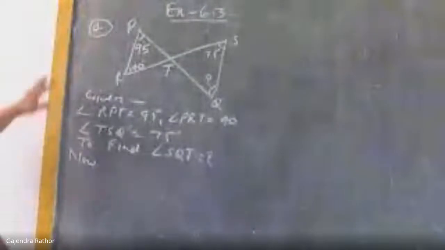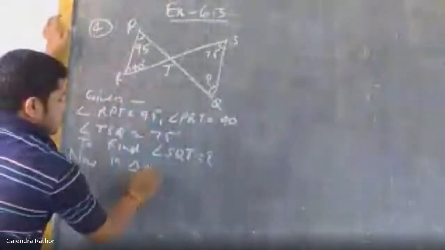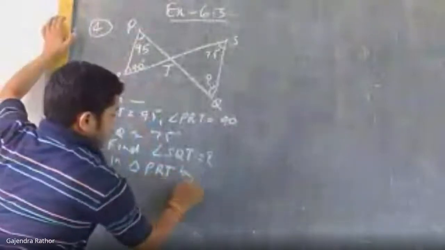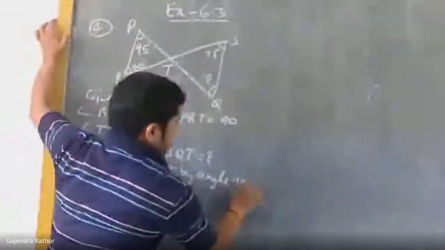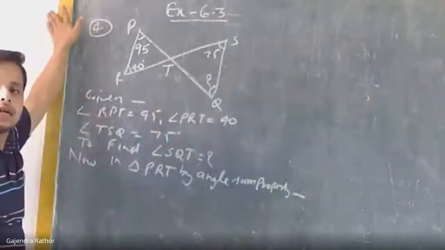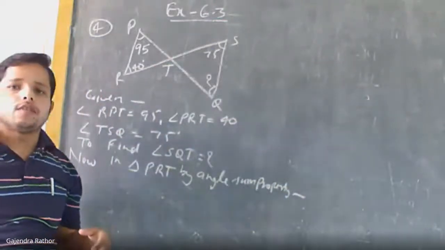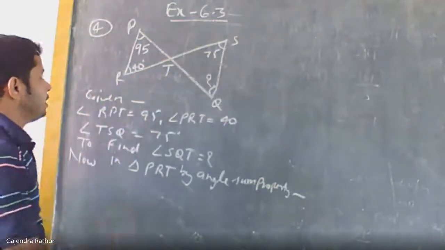Okay, now in triangle PRT, by angle sum property of triangle. What is the angle sum property? The sum of three angles of a triangle is 180 degrees. So add these three angles.